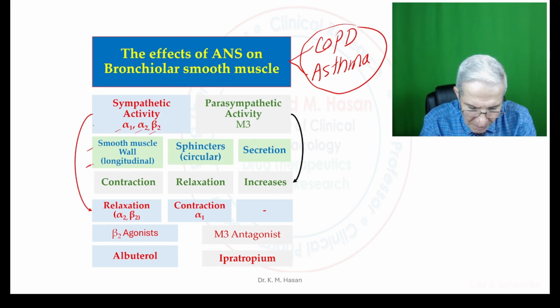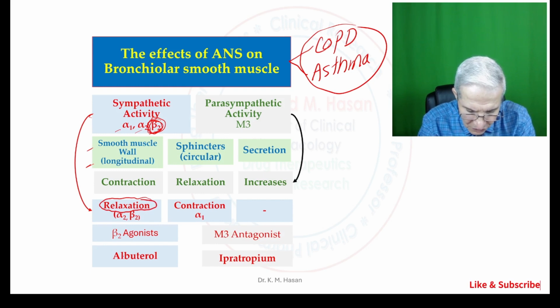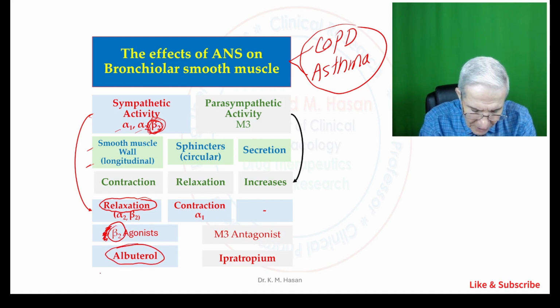If you look at the blue background, activation of beta 2, the predominant receptor in the bronchial tree, leads to relaxation. If you use beta 2 agonists such as albuterol, this will lead to bronchodilation. So bronchodilation is the case here.